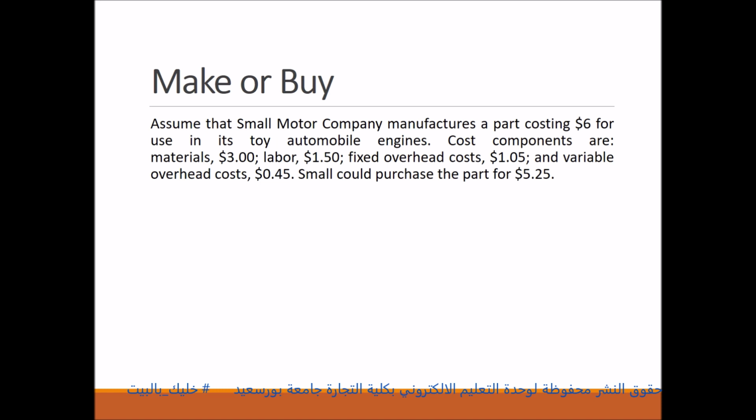Assume that Small Motors Company manufactures a part costing $6 for use in its toy automobile engines. Cost of components are materials $3, labor $1.50, fixed overhead cost $1.05, and variable overhead cost $0.45. Small Motors Company could purchase the part for $5.25.